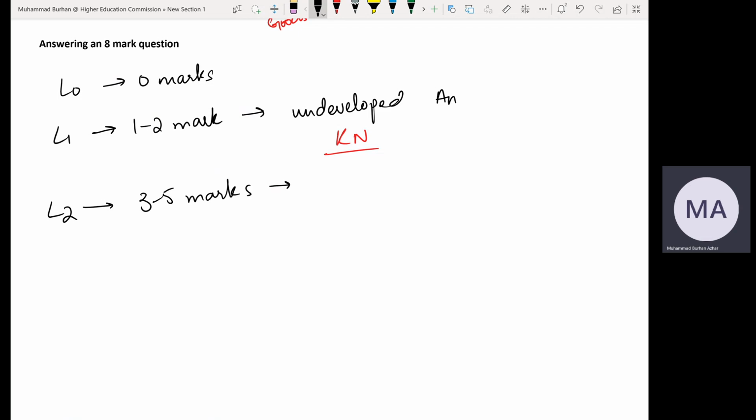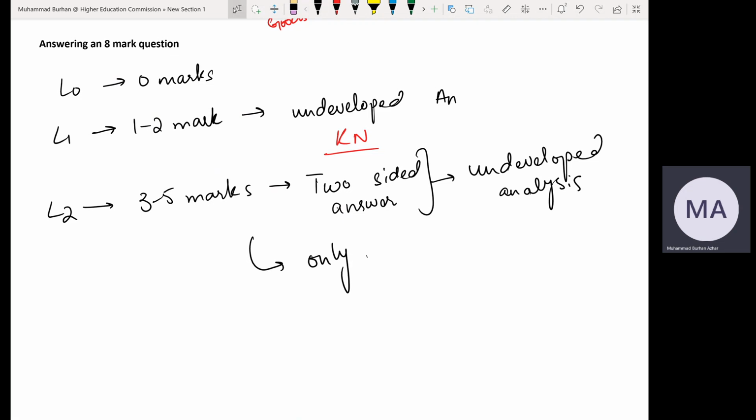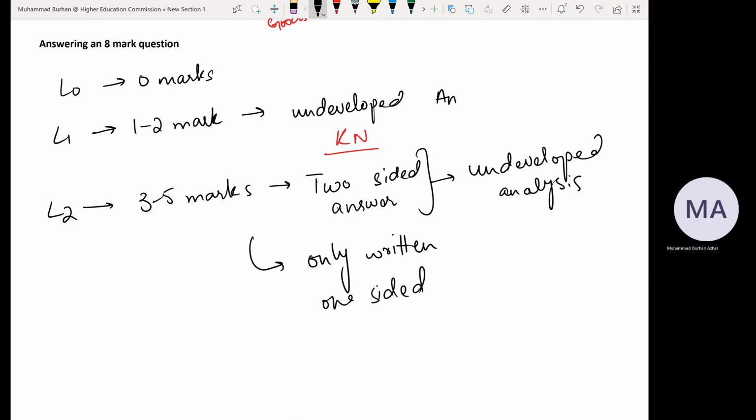3 to 5 marks you will get when you have either written a 2-sided answer with undeveloped analysis, or you have only written a 1-sided argument, or maximum 5 marks you will get if you have developed it.